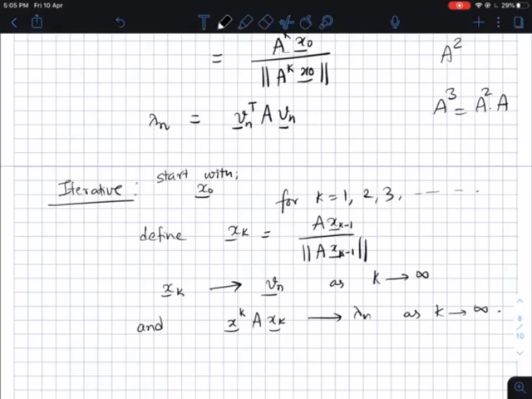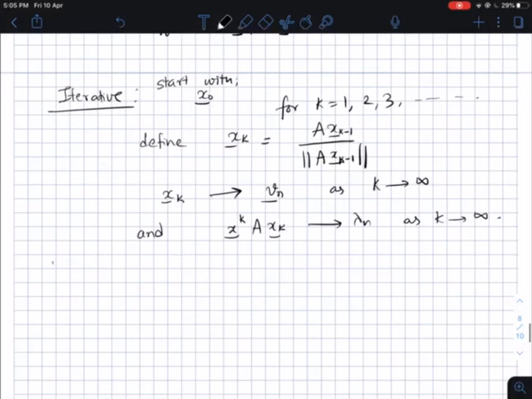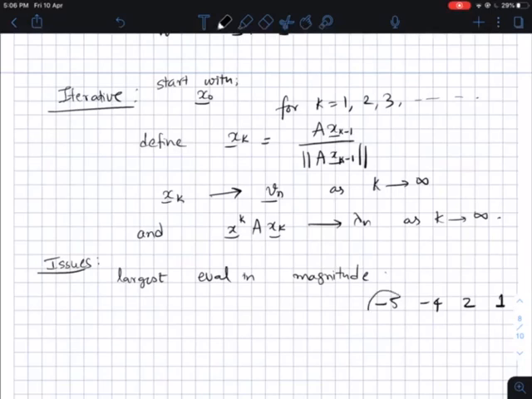Now a couple of very quick notes that I want to make. What are the issues? Of course, the first thing I mentioned is that it only gives you the largest eigenvalue in magnitude. It doesn't give you the other eigenvalues. It may not even give you the largest eigenvalue. For example, if a symmetric matrix has eigenvalues like -5, -4, 2 and 1, the power method will give you -5, and it will give you the corresponding eigenvector, the eigenvector corresponding to -5.